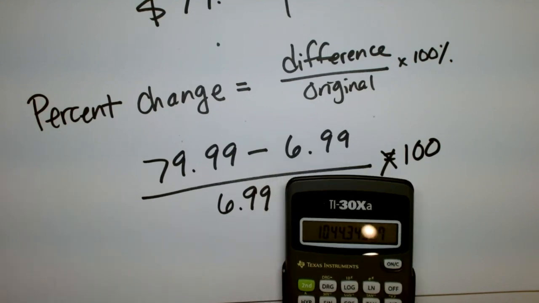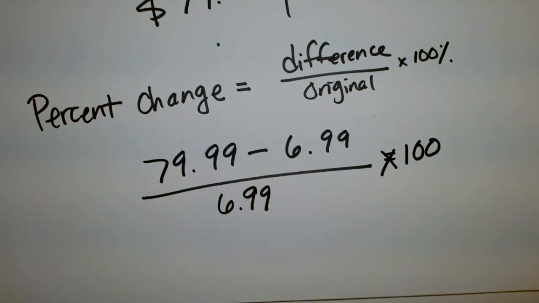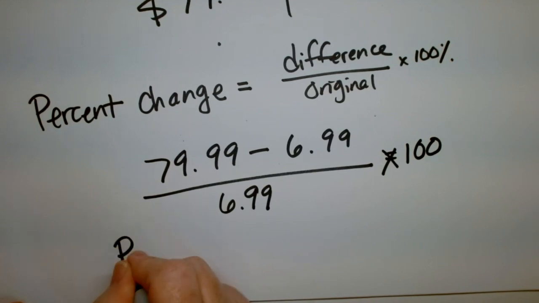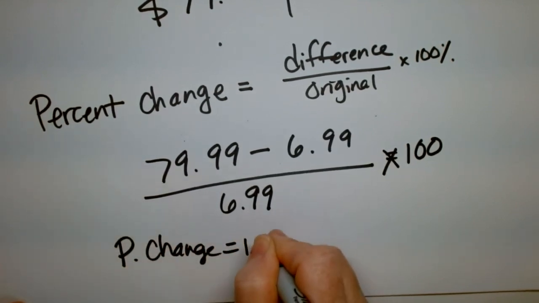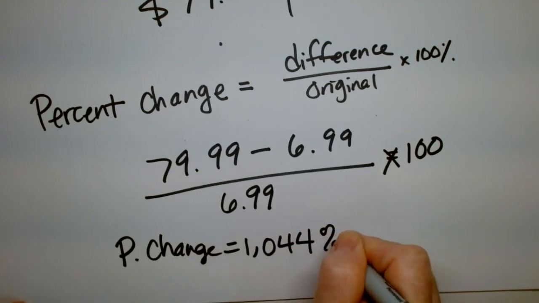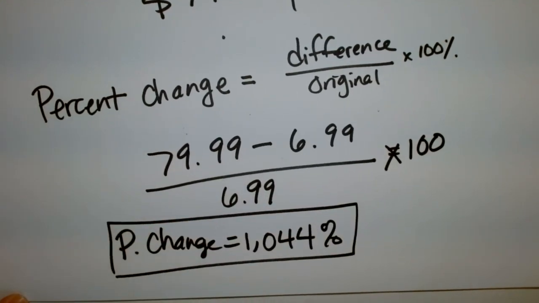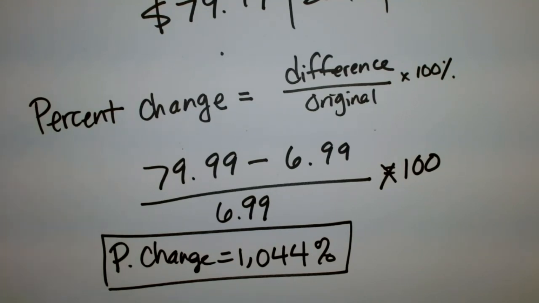How much did the price change? The percent change is 1,044%. So there has been a 1,044% increase in the price of shoes. Isn't that crazy? All right, tell me how tall you are. Do you know how tall you are?